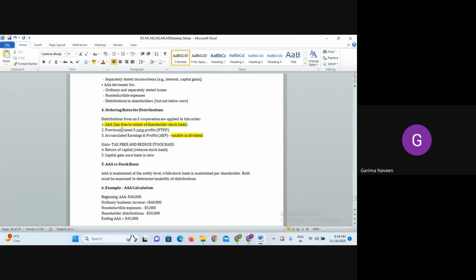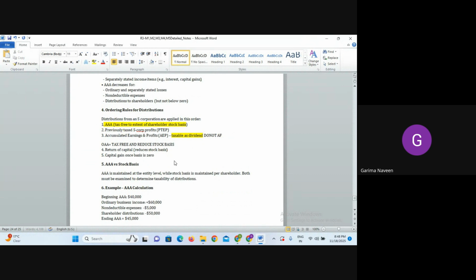So if the distribution is from the AAA account, it is tax-free and reduces the stock basis. And if the distribution is from accumulated earnings and profits, it will be taxable and considered as dividend and does not affect your stock basis.